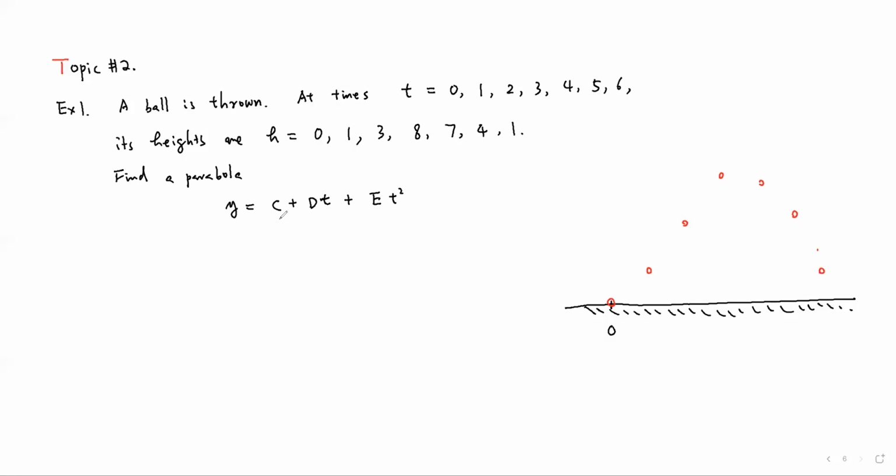Find a parabola, that means determine C, D, E. Find a parabola that comes closest to the h values, to these h values. Okay. Let me draw the parabola.